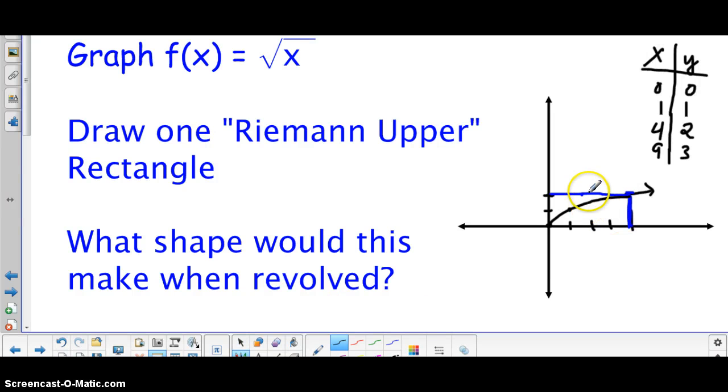Okay, as you thought about this shape, hopefully you drew your square root of x function correctly and then drew your upper rectangle correctly. I picked the whole section from 0 to 4. Yours might look a little different, but we would still have the same shape no matter how small it is, and the shape that we would revolve would be a cylinder. Let's take a look at this on the Geo Sketchpad.